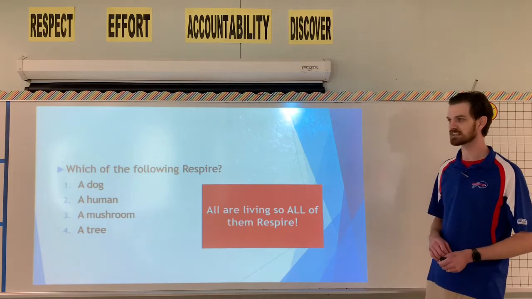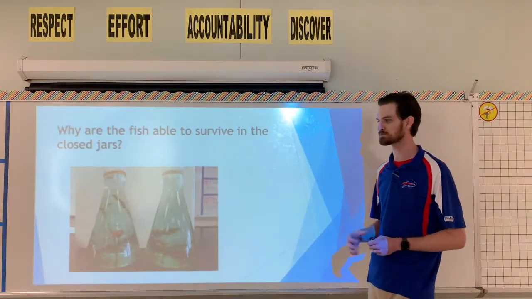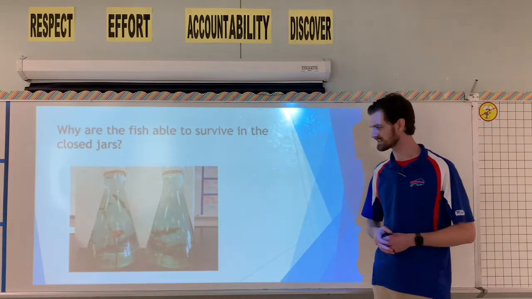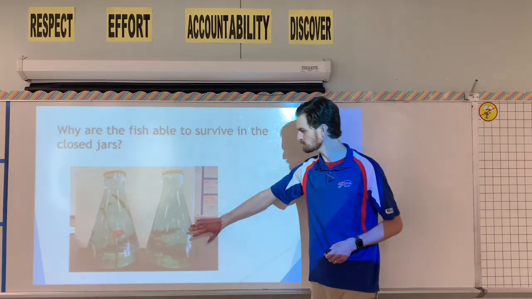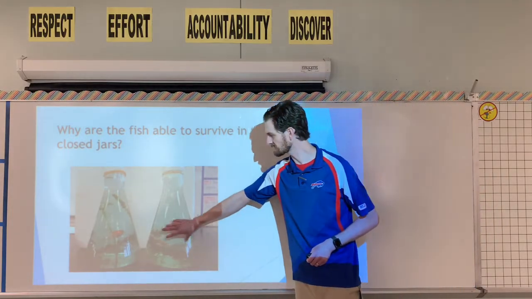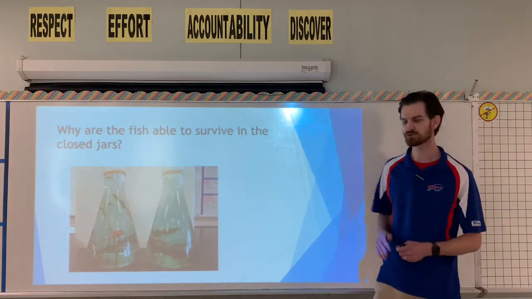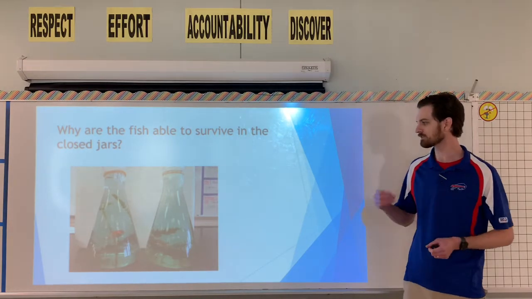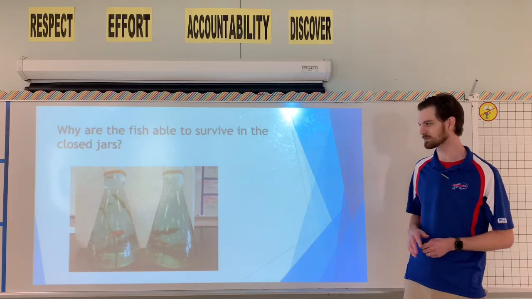Now, an interesting thing that can come from all these relationships between photosynthesis and cell respiration is I can take 2 jars and I can seal them off like this. And I can put some goldfish in here or some betta fish or something. And I can put some plants in there and have the water balanced to its pH and everything. And those goldfish will actually survive fairly well if I feed them because they don't really eat the plants.